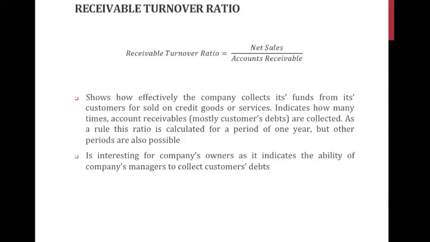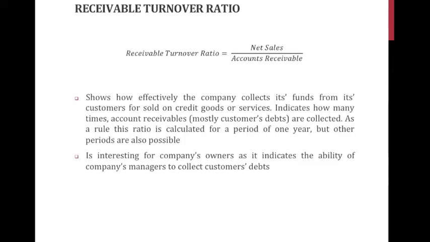That indicator again shows how effectively a company collects funds from its customers for goods or services sold on credit. Looking at the practical side, say our net sales are 1.2 million and accounts receivable are 100,000. Dividing 1.2 million by 100,000, we get an indicator value of 12.